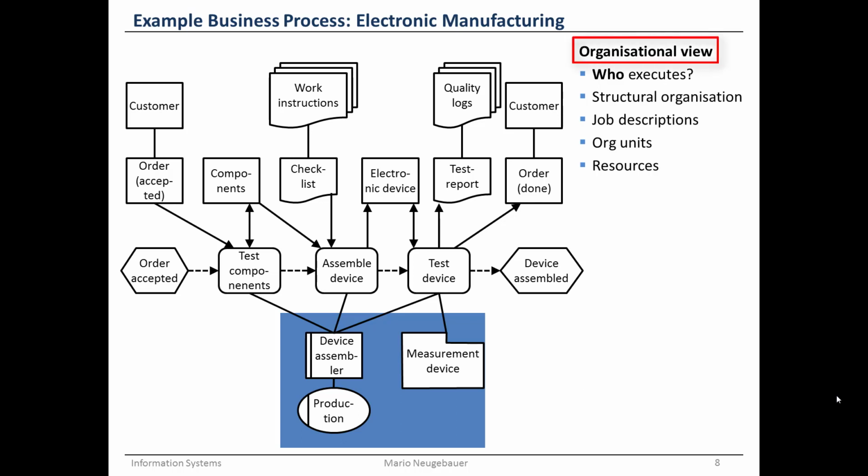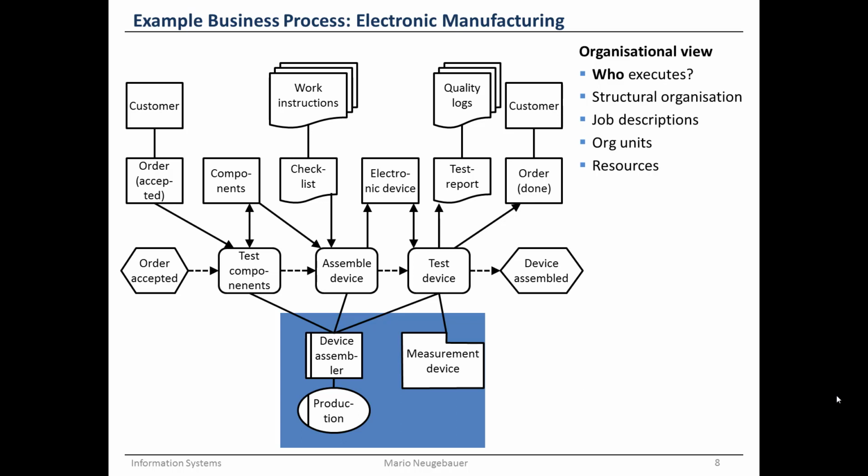The organization is important for the business process as well. The organization with the employees, the organization with the departments, and the organization with the general resources like the machines or the devices which are required for the business process. So here in the blue area you see the job or the job description, so to say, which performs the activities, test components, this activity assemble device and test device.